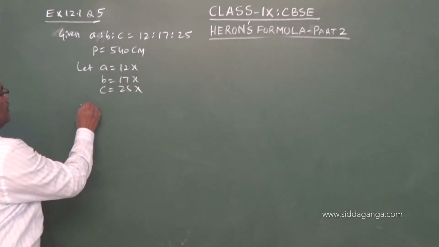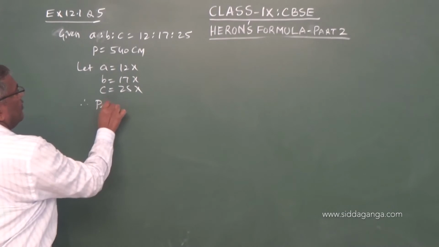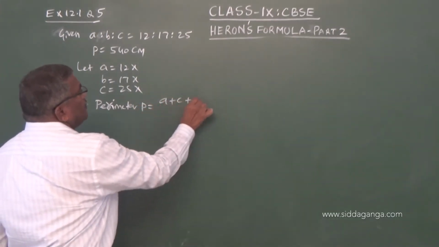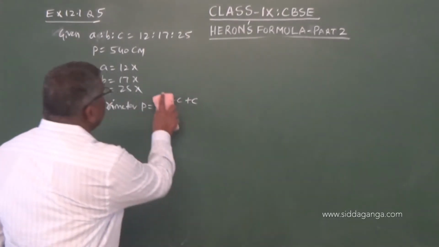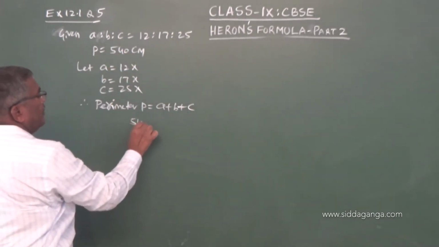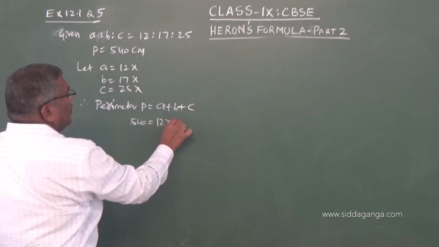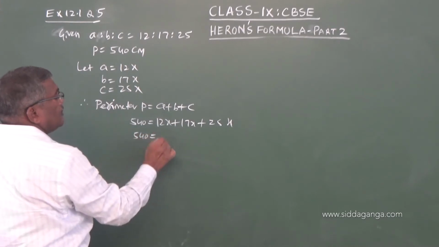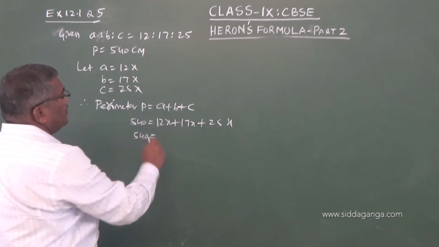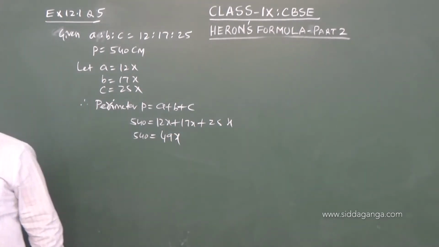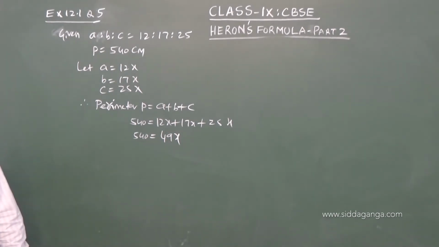Therefore perimeter P equals A plus B plus C. So 540 equals 12x plus 17x plus 25x, so this equals 54x.